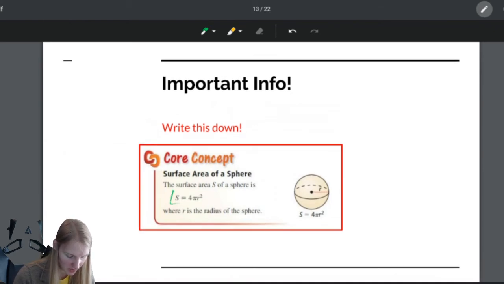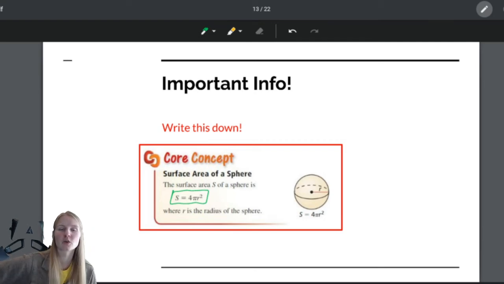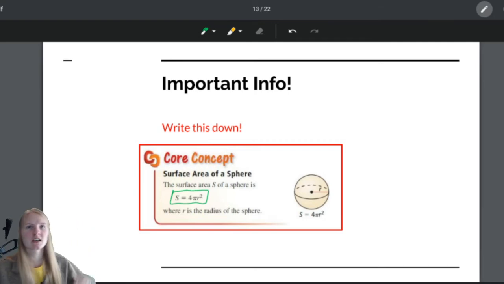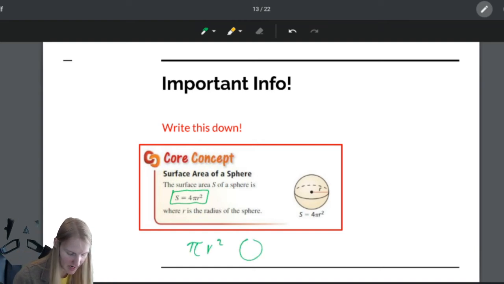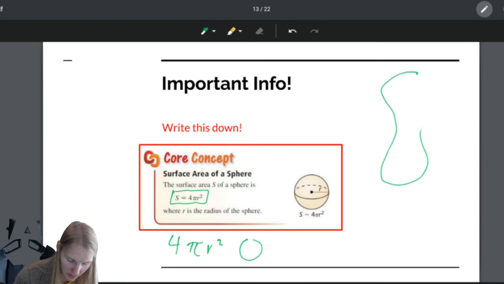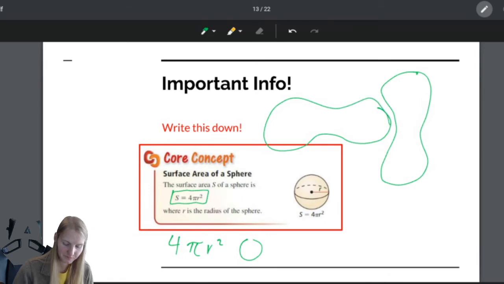The surface area of a sphere is 4 pi r squared. So remember that pi r squared is the area of a circle, and now we're just taking 4 of those. If you've ever played baseball, you've seen this pattern on a baseball.